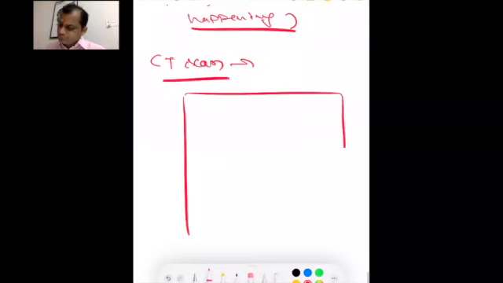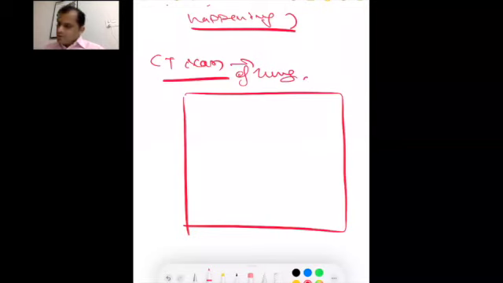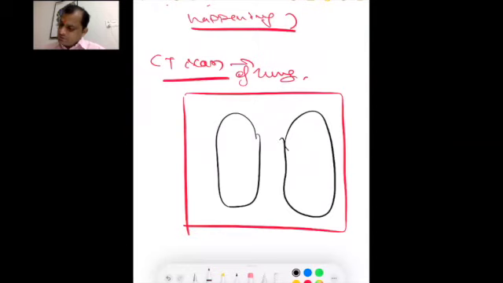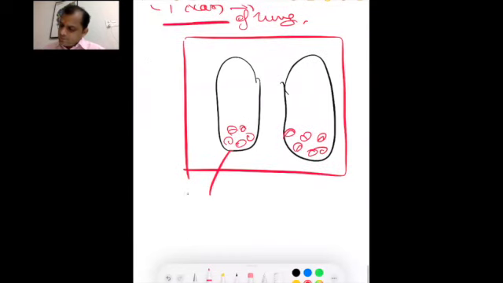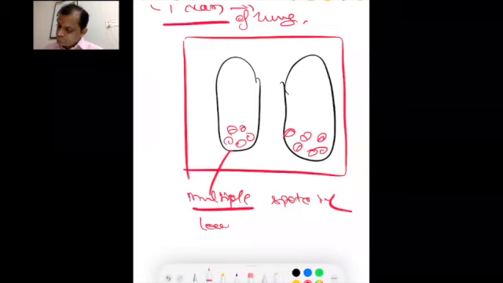Even if you see the CT scan of the lungs now, we will see multiple spots, especially first in the lower lobe of the lungs.